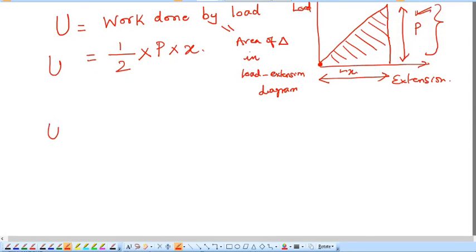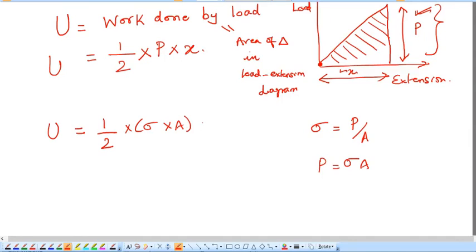So U is equal to half. We know that stress is equal to force by area. So force or load is given by stress into area. So instead of the load, you substitute as stress into area. And extension.